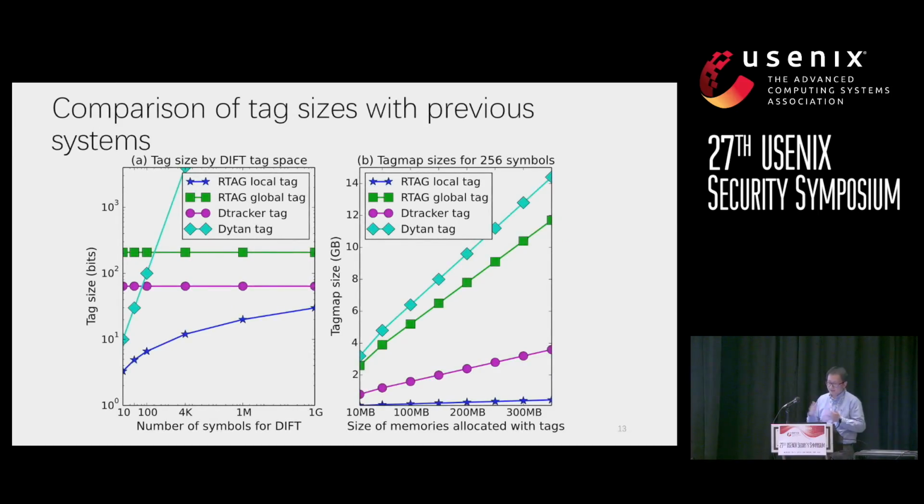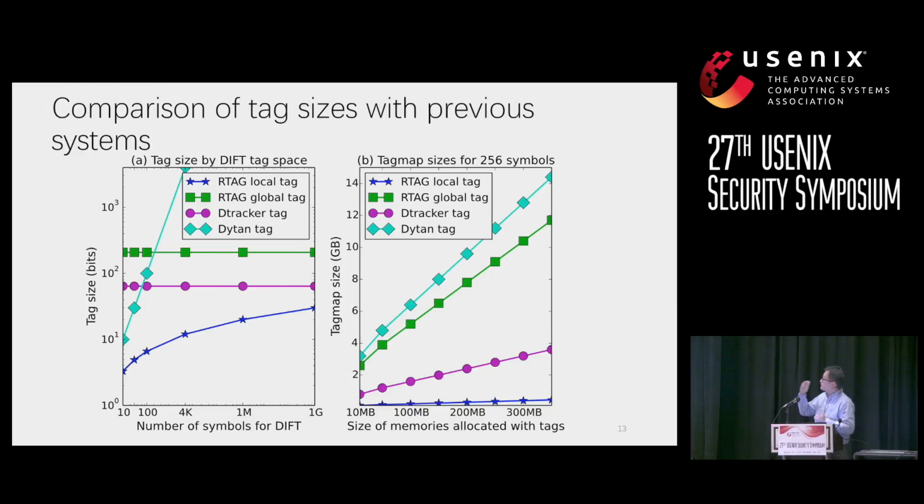So we compare the tag sizes of our scheme with the previous systems. As we can see, as the number of symbols for each DIFT task grows, our RTAG local tag grows on a log scale.